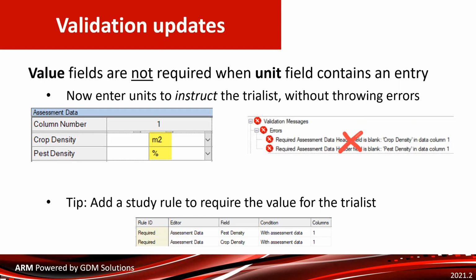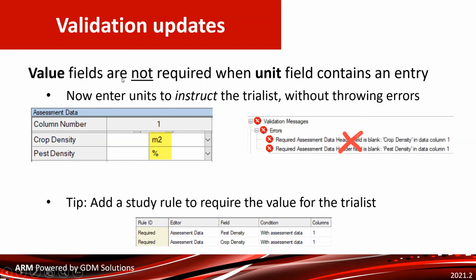So again, the idea of it being an instruction and not documentation. We want to be able to put in that instruction without ARM giving you grief and not validating the study. So we went through the list of fields, and we only did it for specific ones where it would make sense.